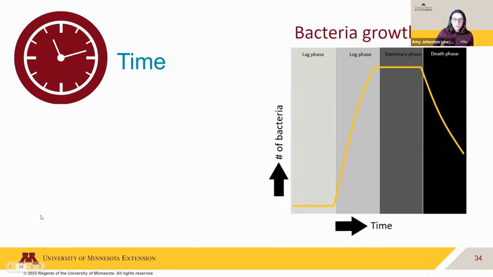So this is a bacteria growth chart. And while the amount of time and the number of bacteria will vary depending on a specific pathogen and what other factors are being controlled, it's the shape that's important and that we're using as a visual.